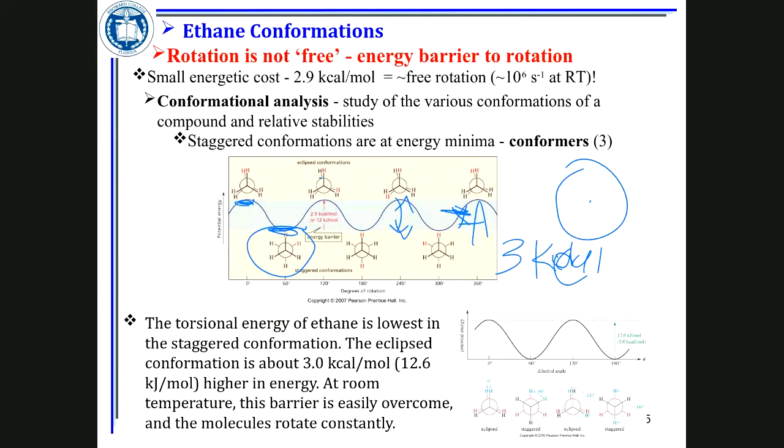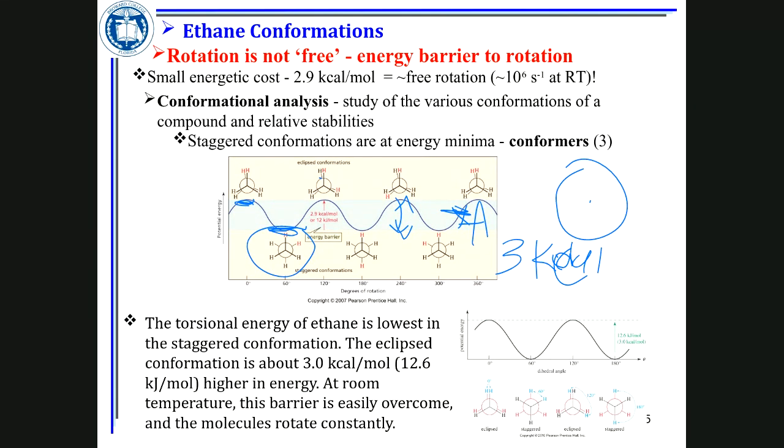But if you compare propane to ethane that we had before, what's the difference? For ethane, you had all hydrogens. You were dealing only with hydrogens. Here, you are dealing with hydrogen with the bulky group. The strain between the hydrogen and the bulkier group is going to be greater. So the difference in energy of eclipse and staggered for propane is going to be 3.3 compared to 3 for ethane.